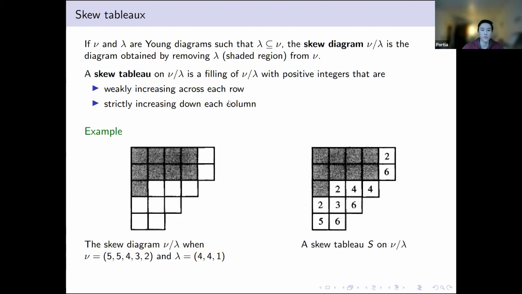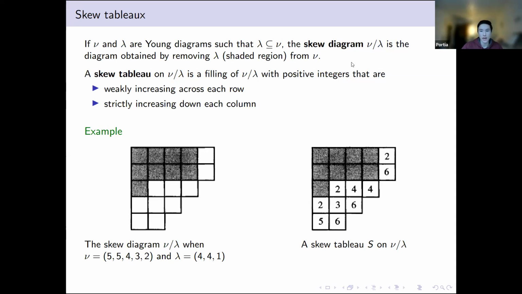Okay, and now skew tableau are a very similar thing, but now we've cut out a piece of the Young diagram and then we're labeling the remaining part. To put it more precisely, if you have 2 Young diagrams for partitions nu and lambda, such that lambda is contained in nu, so here the entire outer thing would be nu, and in here would be lambda.